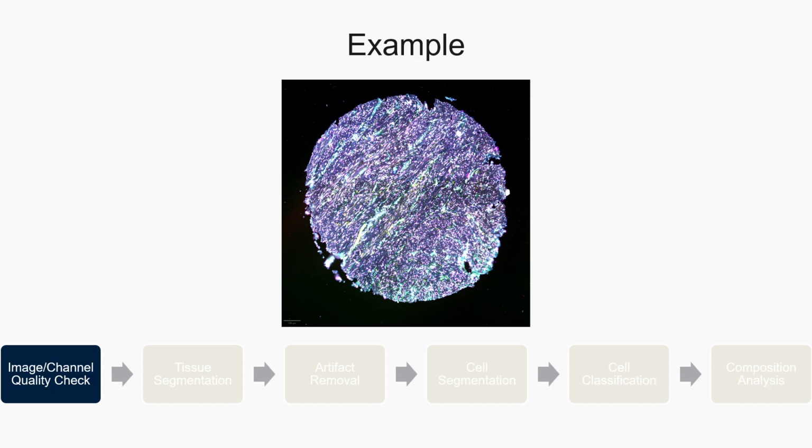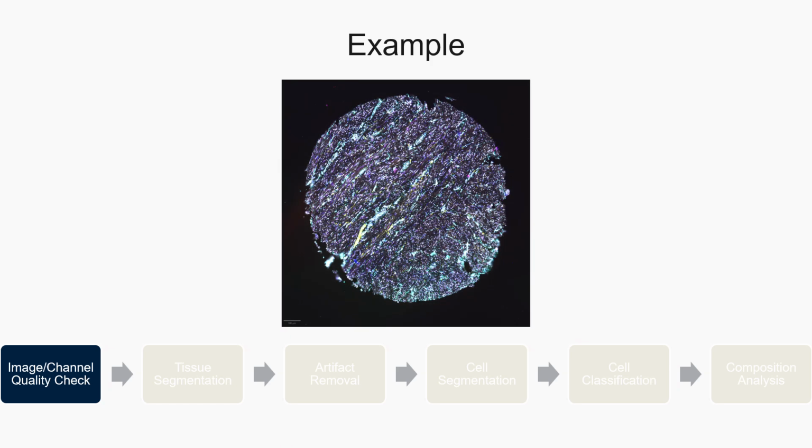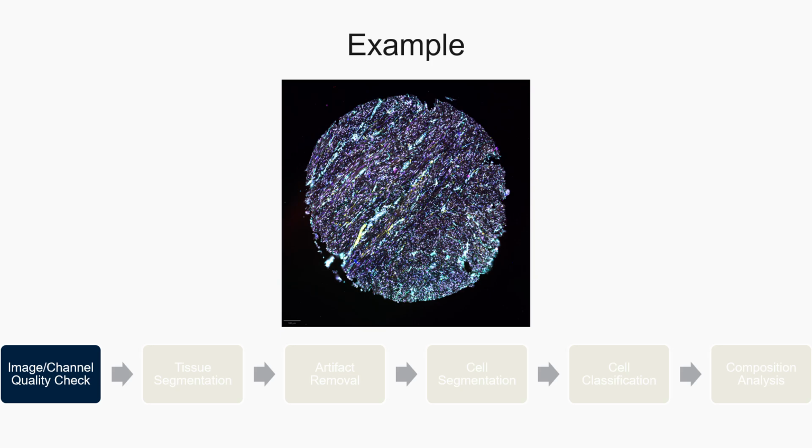We first want to perform quality checks to make sure that the image is of a good enough quality to pursue our analysis, but also check if all of our markers have been successful. And this then refines our image to the channels that we are able to pursue with.